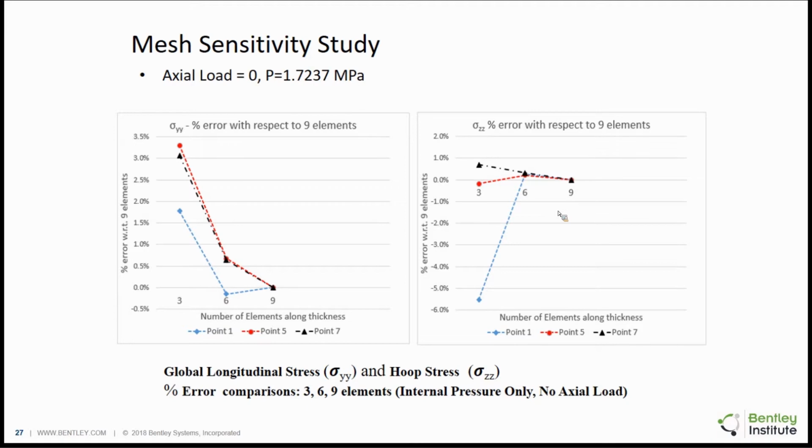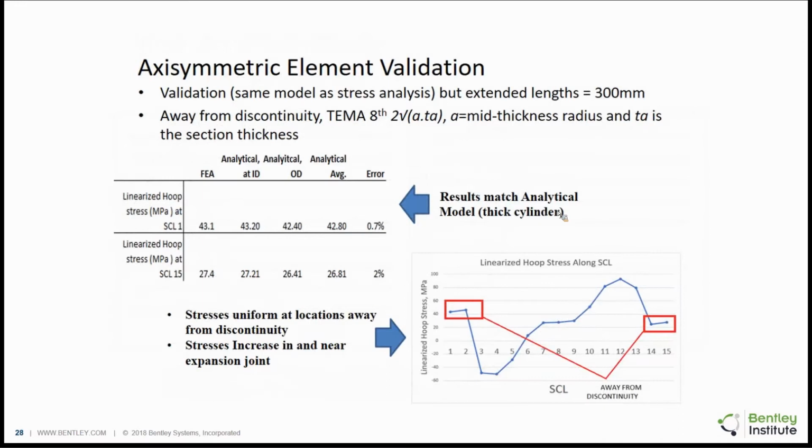The error doesn't change much, whereas for 3 elements there's quite a bit of error. For sigma YY, the longitudinal stress, the error is almost 3.5%, and for sigma ZZ, the hoop stress, the error is to the tune of 5.5% with 3 elements. So here also we can conclude that 6 elements is required for accurate stress calculation.